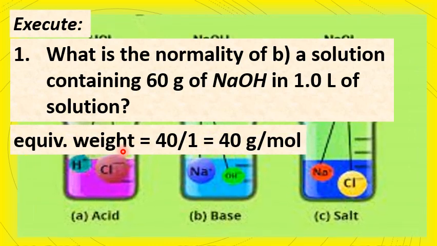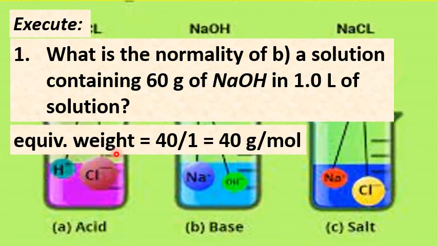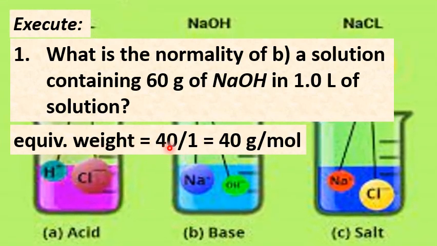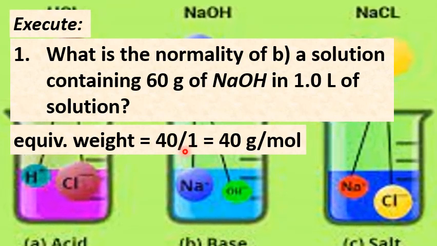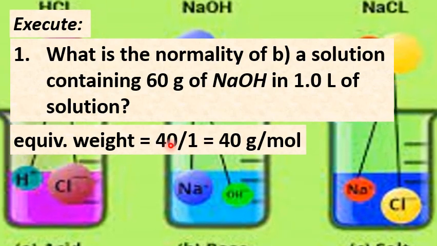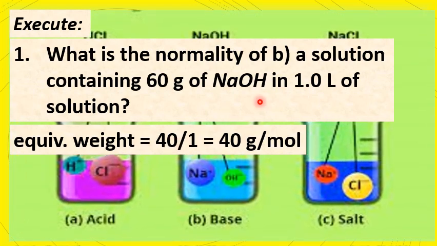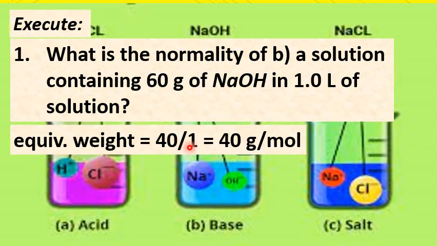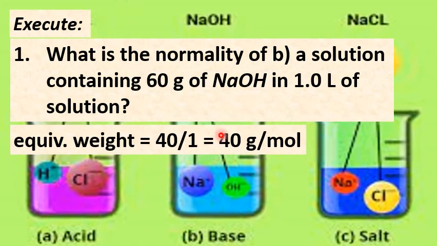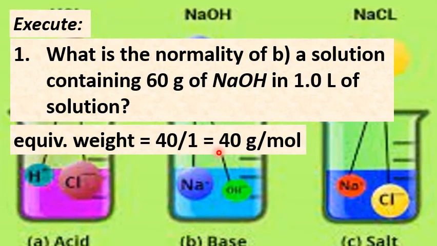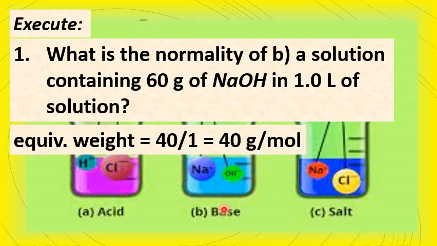So we proceed by getting the equivalent weight of the solute, and that is just equal to 40 divided by 1, because 40 is the predetermined molar mass of sodium hydroxide, and 1 here is the net ionic charge of hydroxide. So the equivalent weight, which is expressed in grams per mole, is 40 grams per mole.